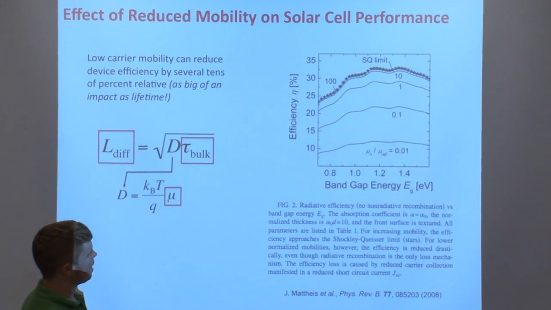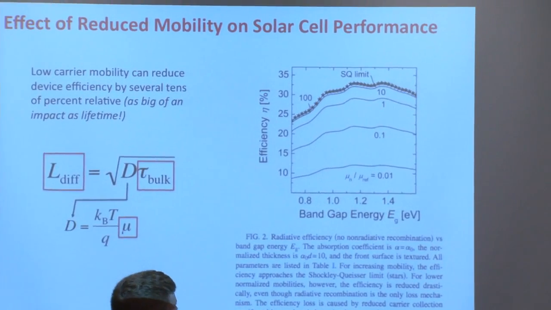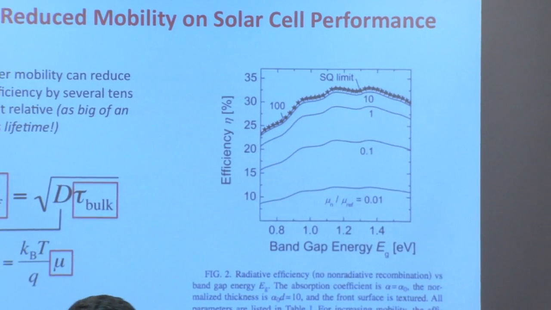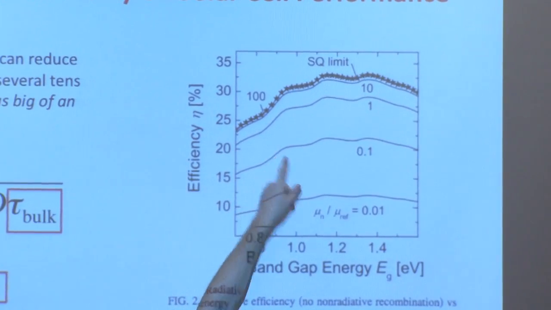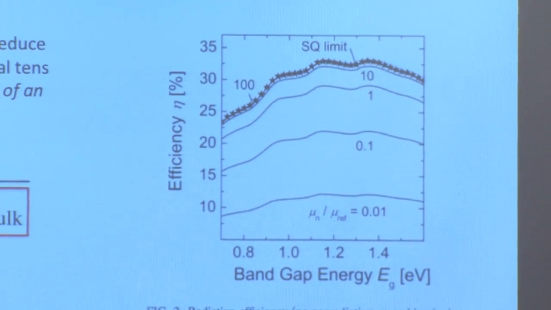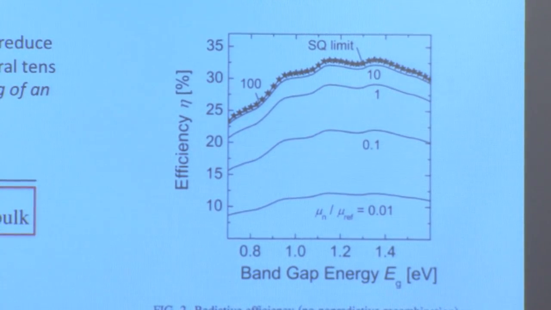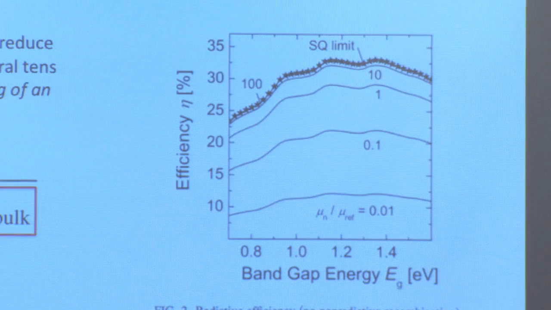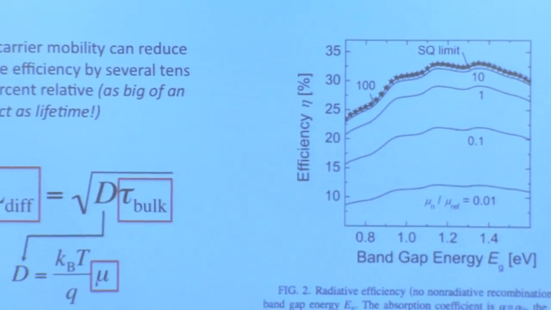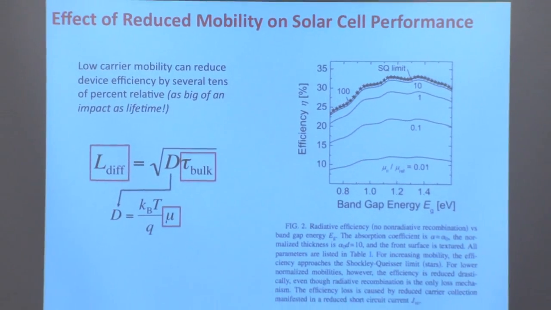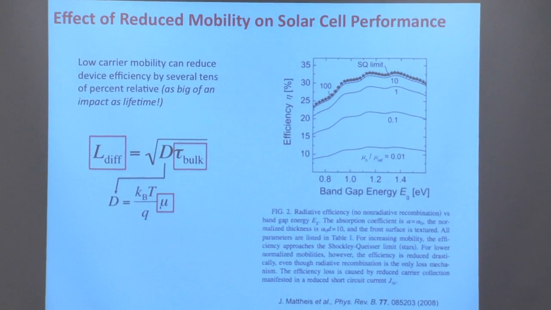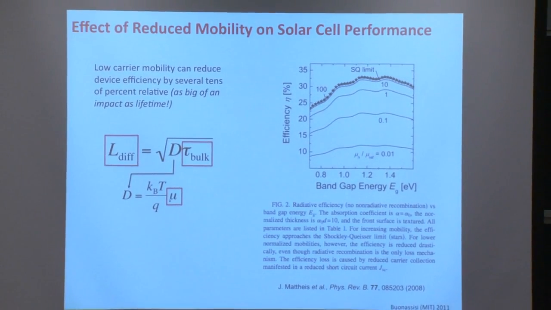Then, if you reduce your mobility by a factor of 10 or 100, what's the impact on the overall efficiency? And you can see that if you detrimentally impact your mobility, you can really have a large effect on your diffusion length, and it can really hurt your device performance. So it's a really important material parameter to think about.